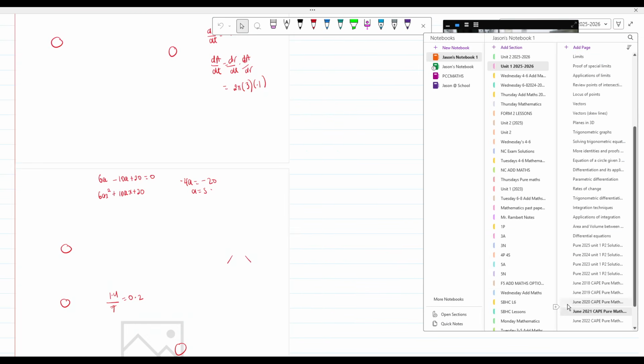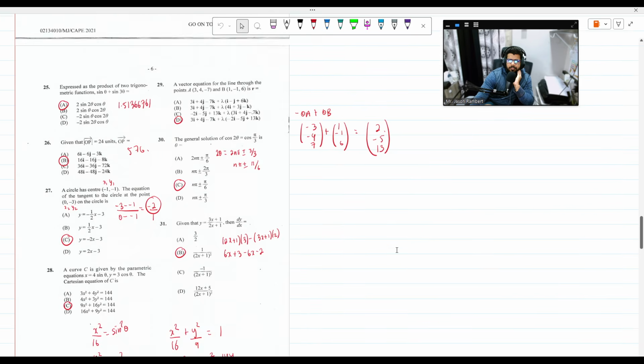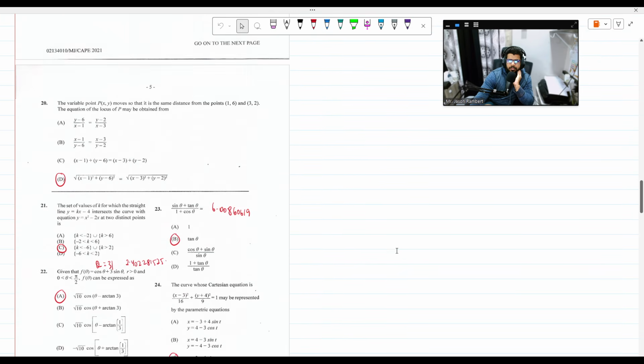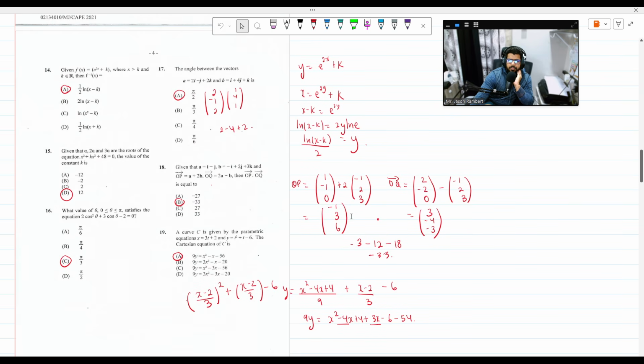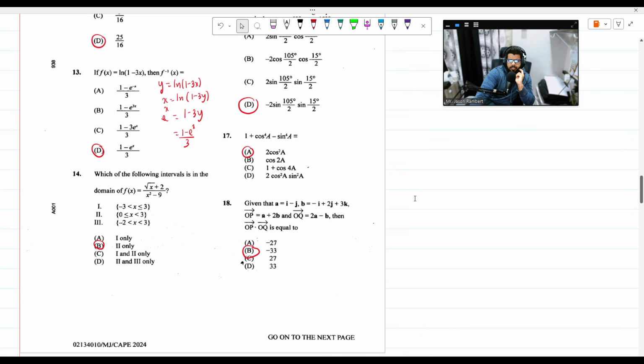So granted that I write it down, it had to be 2021 or 2020. No, it wasn't there. Yeah, look at here. Minus 33 is the answer. I minus j and minus 1 plus 2j plus 3k along with a plus 2b and 2a minus b. Yep.